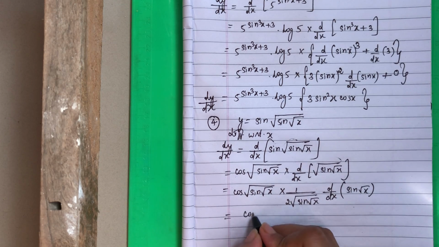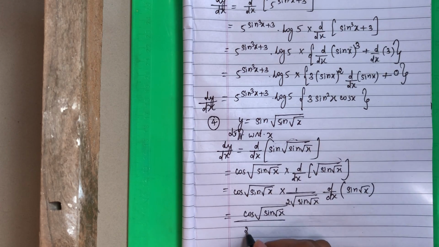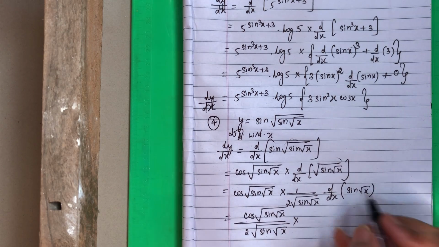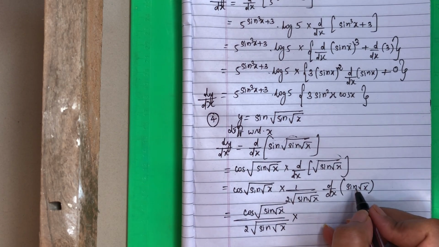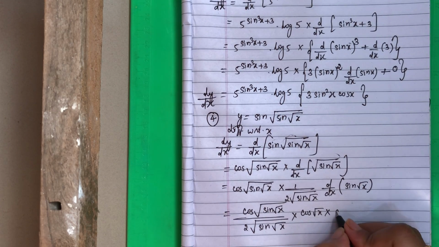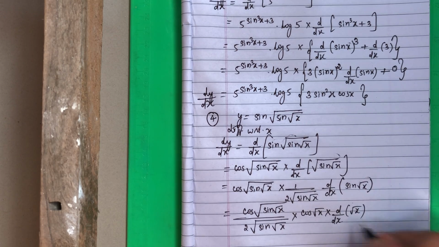So this gives you cos root of sin root x upon 2 root of sin root x into differentiation of sine, that is cos root x, into d/dx of root x.